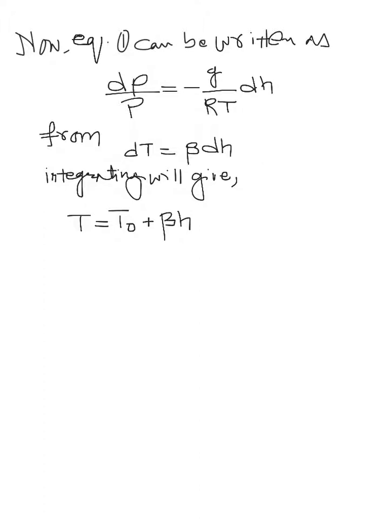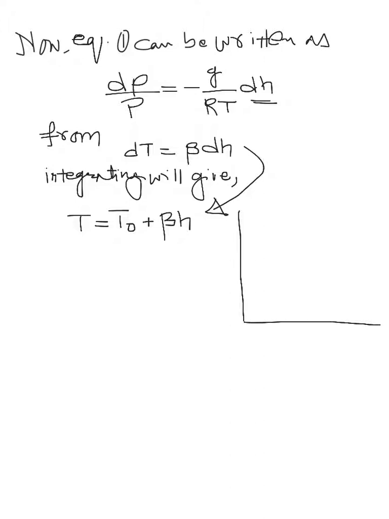Now equation 1 can be written in this form, in which dy has been replaced by dh, and from the previous equation that we developed for the troposphere region, dT can be equal to this. Upon integrating this equation you will get the equation of a straight line.